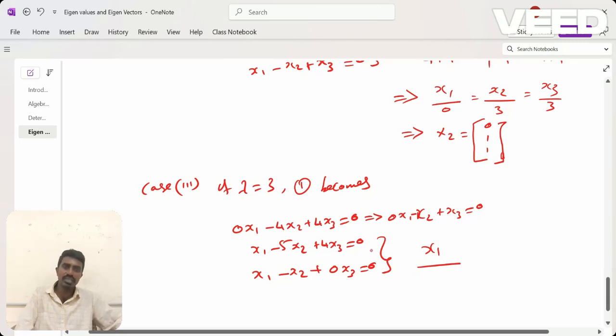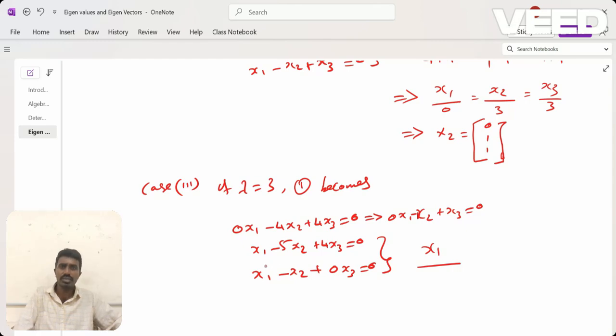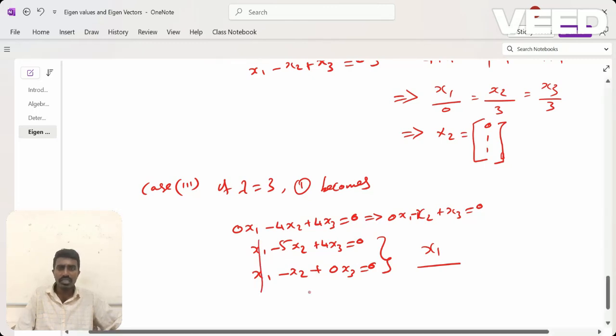If all three are distinct, then you can consider any two equations. Either the first two or the last two, or first and last, anything. So remove the x3 column, then multiply these two coefficients, and then minus, multiply these two coefficients. So already one minus is there, so it is plus 4, which is equal to x2 by.